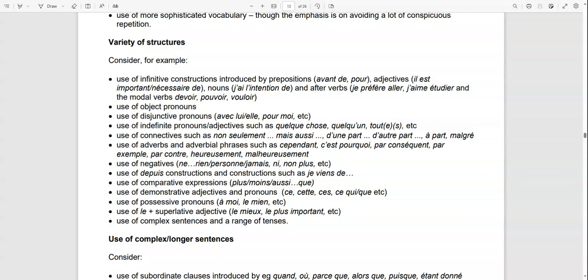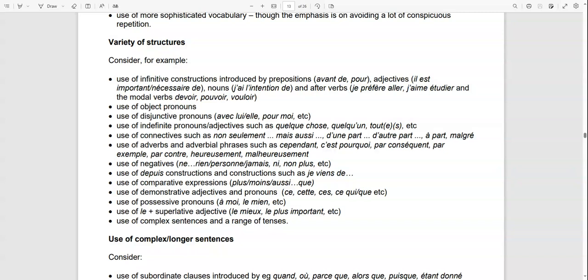So ways of just linking two ideas, maybe contrasting ideas, or extra information in a way that is just a bit more complex than just using and, or, but, et, ou, mais. You know, those are things that yes, you can use. It's better than no connective, but these types of things are much better quality.